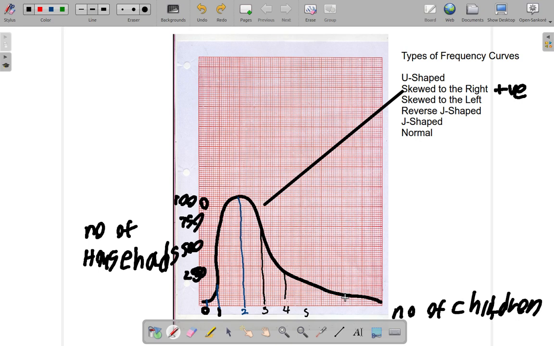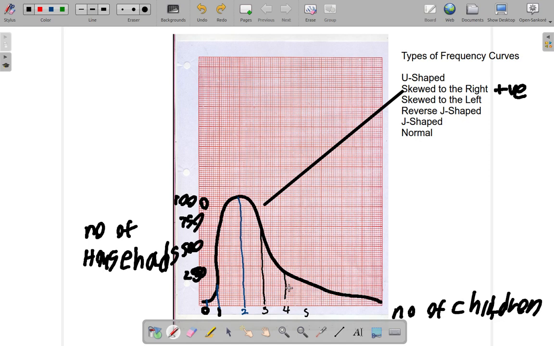So at the same time, they want to have children, at least 2. So you have some persons haven't had a child yet. A lot more have 1. Many have 2. Then at 3, it starts to go down. 4, 5, and the number drops rapidly.